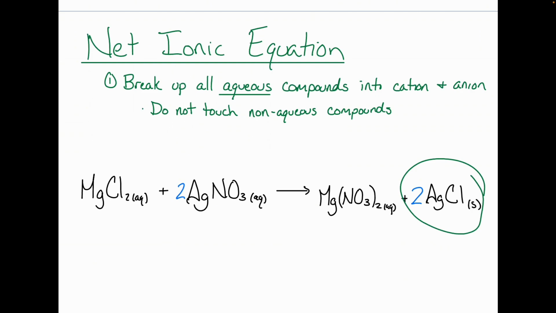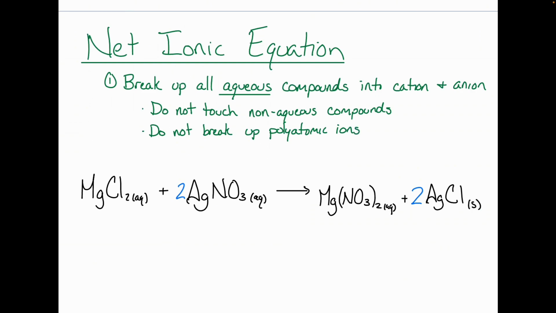It is a solid, so I'm not going to touch that formula there. Only the aqueous compounds. The other thing we want to put here, because this is a common mistake, is do not break up polyatomic ions. The nitrate ion is your anion in this formula. It shouldn't be broken up into nitrogens and oxygens. It should stay the nitrate ion.